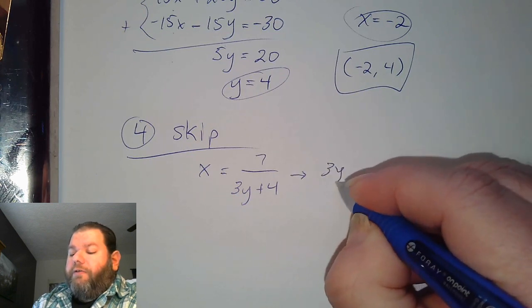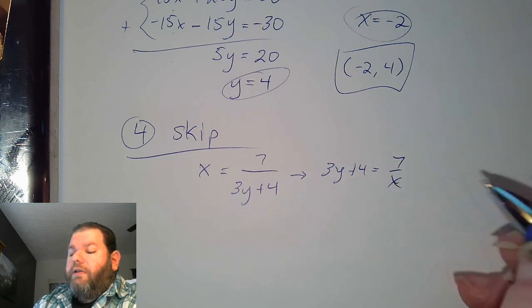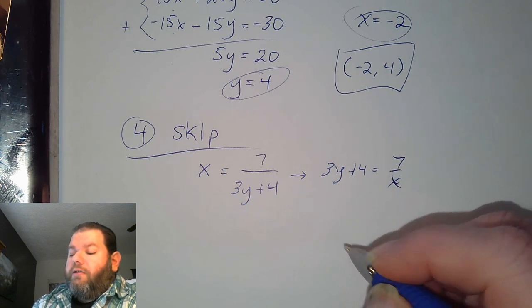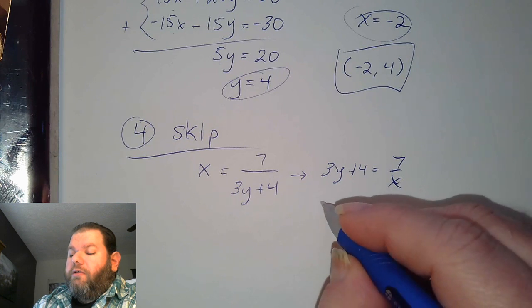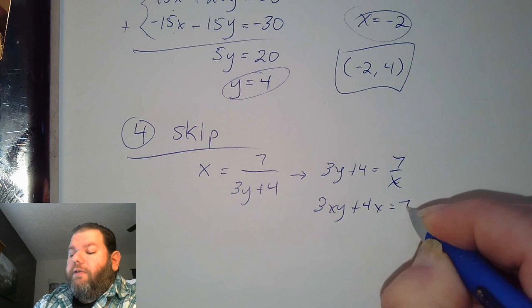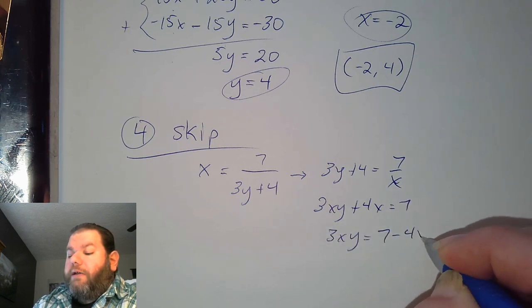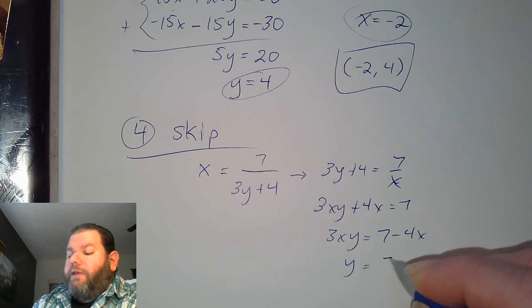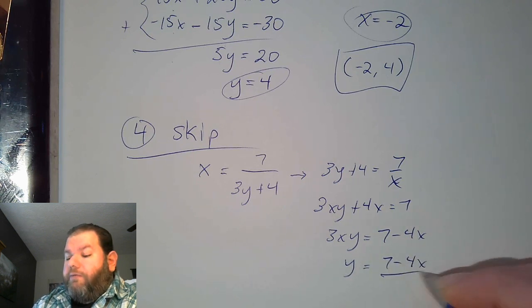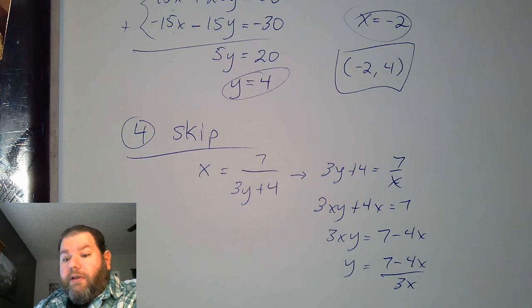So 3y plus 4 equals 7 over x. 3xy plus 4x equals 7. 3xy equals 7 minus 4x. So y will equal 7 minus 4x over 3x. So it'd be C.